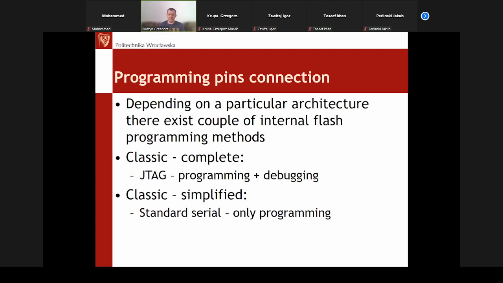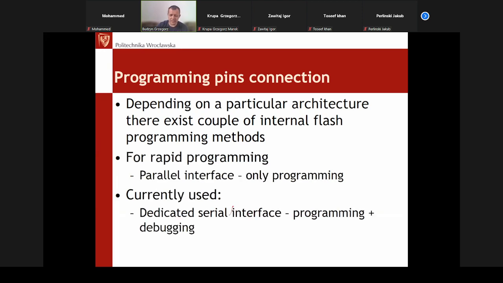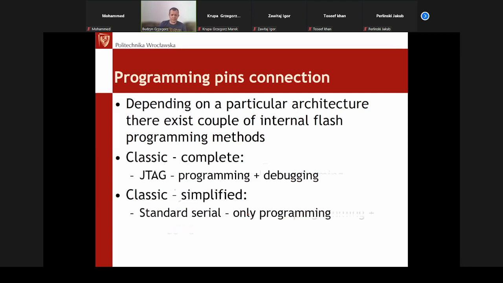It has an advantage as well: the standard is UART, but also USB today, and SPI sometimes. This is useful and cheaper, yet the important disadvantage is that it's only for programming.